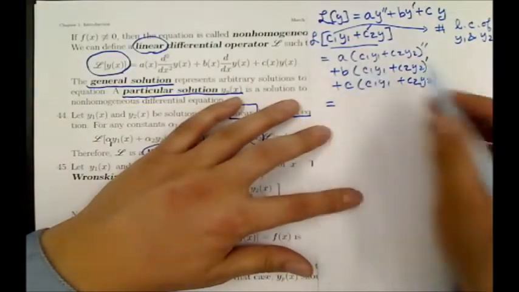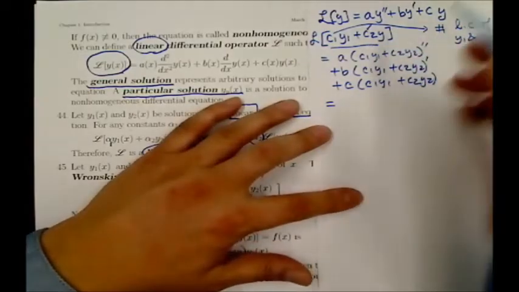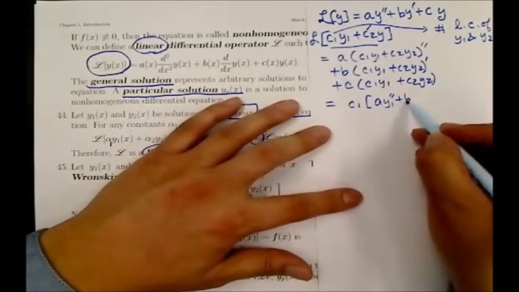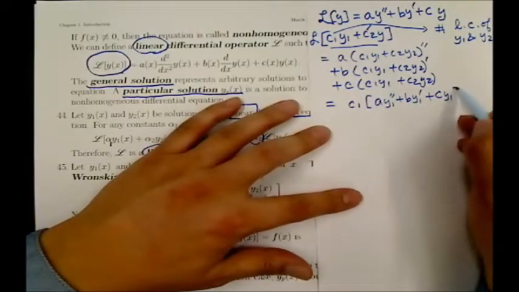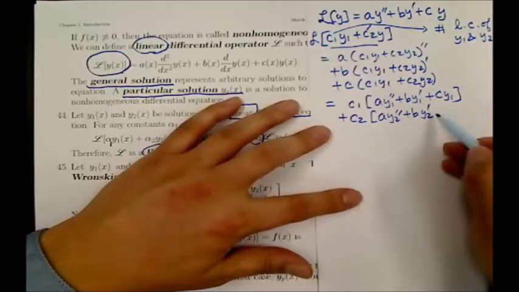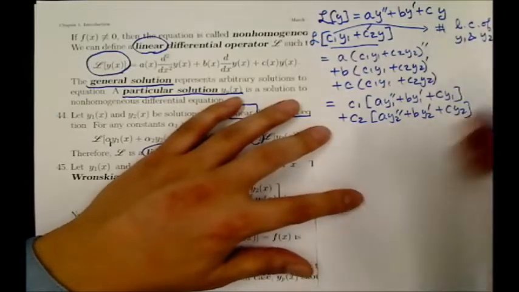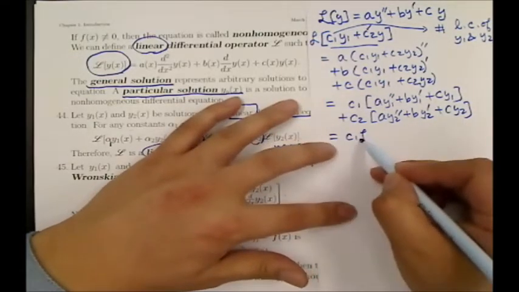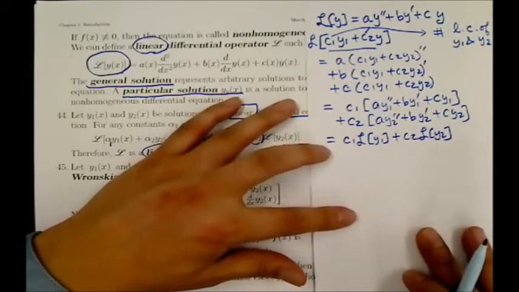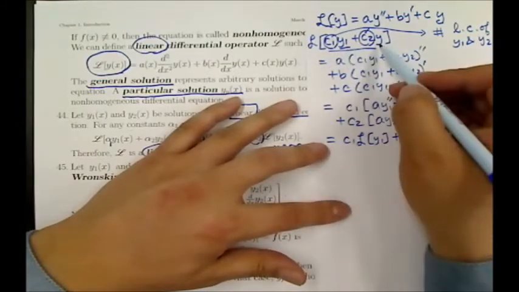I can rewrite all of this together for the terms involving y1 only and y2 only. Then I would get C1 times (A y1 double prime plus B y1 prime plus C y1), plus C2 times (A y2 double prime plus B y2 prime plus C y2). By making use of this definition, I can say C1 L y1 plus C2 L y2. Before we substitute the expression, they are a linear combination of y1 and y2.